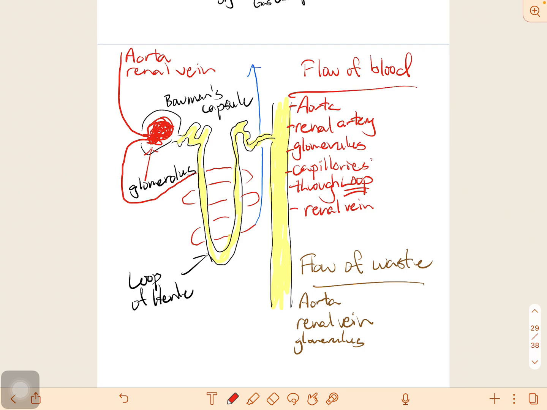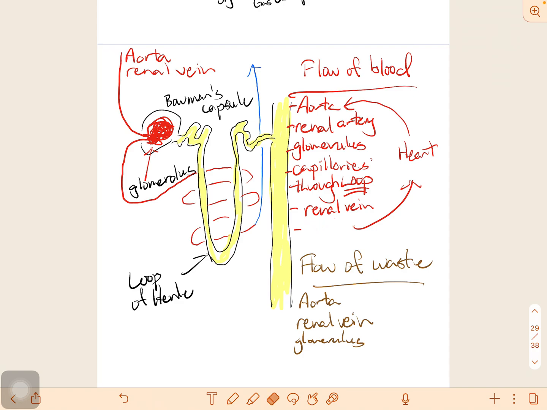And then out to, let's see, the aorta, right. And then back to the heart, where it does its heart stuff through the pulmonary area, and then back out the aorta.